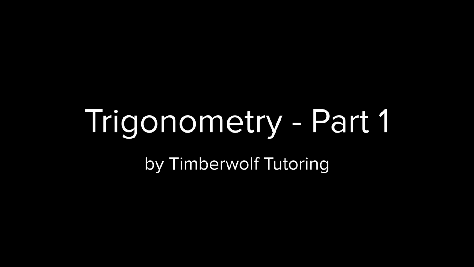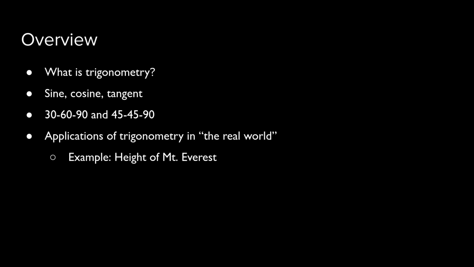So let's jump right into what trigonometry is. An overview of this video: we're going to start by defining what trigonometry is. Then we're going to look at the functions sine, cosine, and tangent, which are the three main trigonometry functions. Then we're going to look at our two special right triangles, the 30-60-90 triangle and the 45-45-90 triangle. These numbers are the angles in our right triangle.